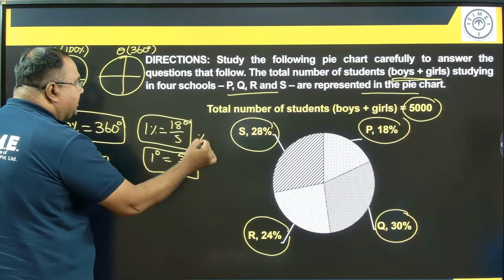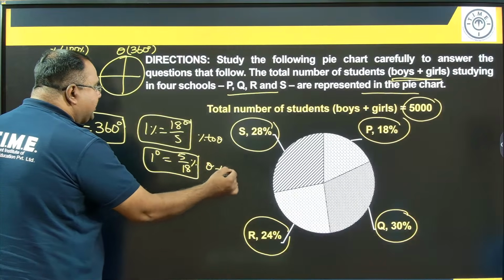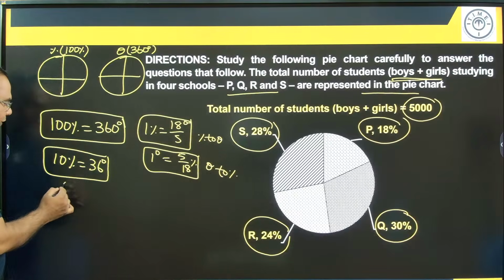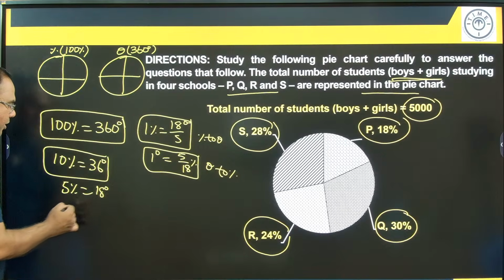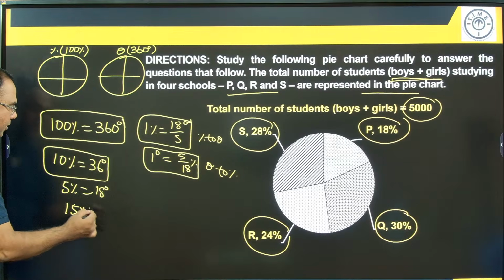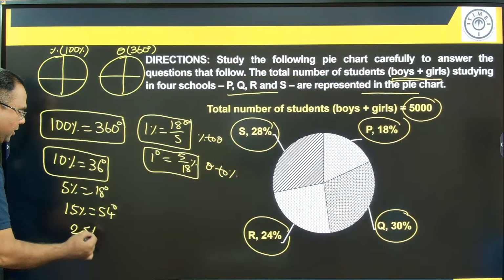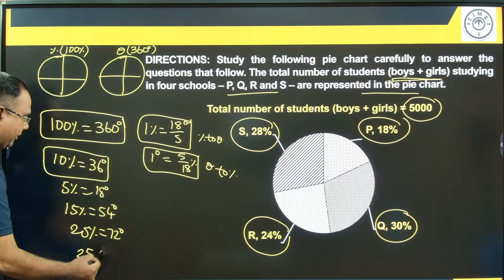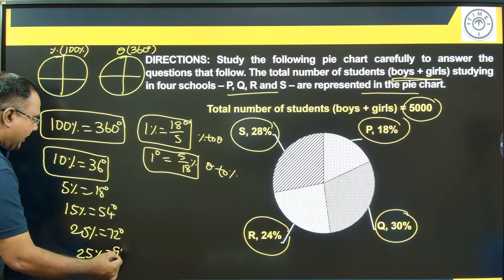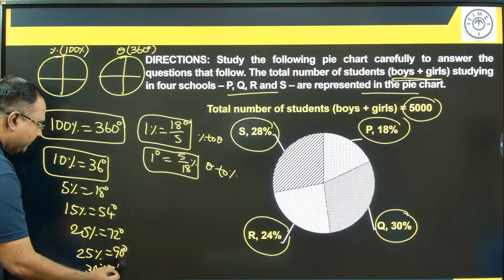This is percentage to degree conversion. Degrees are not given here, but for your understanding, I am giving you the basics. 5% is half of 36, which is 18 degrees. 15% is 54 degrees. 20%, double of 10, is 72 degrees. 25%, 72 plus 18, is 90 degrees. 30% is 108 degrees.